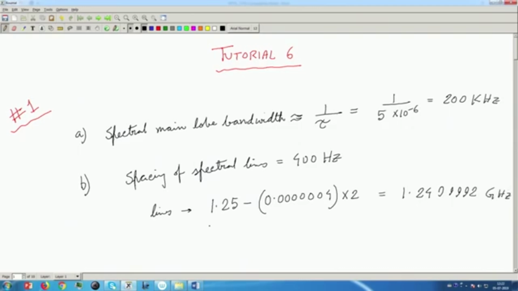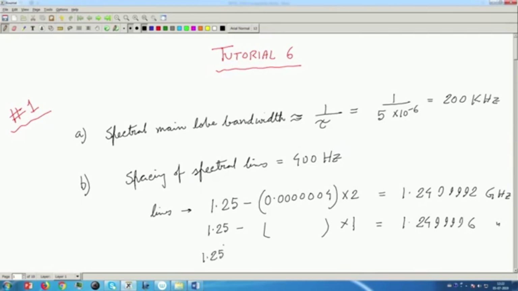Then on the lower side, into 1, that will be 1.2499996 gigahertz.